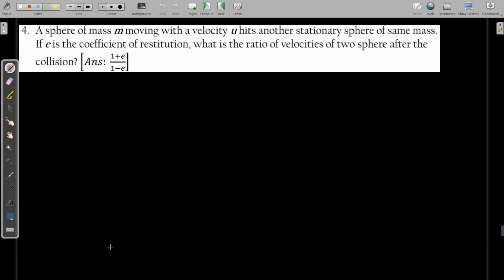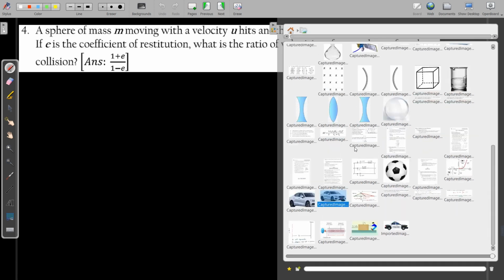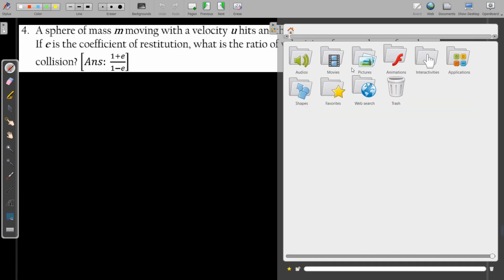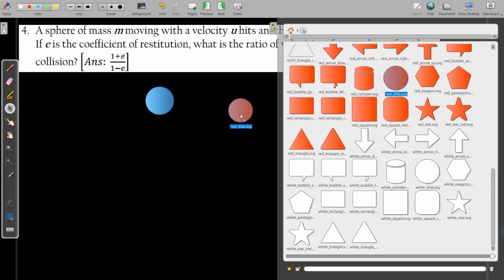So this question, I think it's a very easy question. This is coming from the part of, we say, collision. A sphere of mass m moving with velocity u hits another stationary sphere of the same mass. This is one ball, this is another ball.